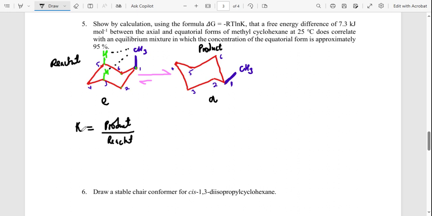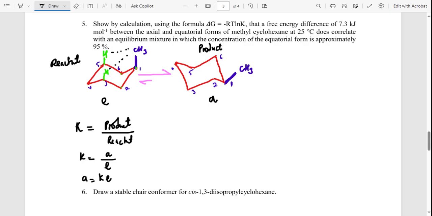Remember the product is the structure that is in the axial, and the reactant is the equatorial. So this will give us A being equal to K multiplied by E. That is just a simple equation that we need to know.